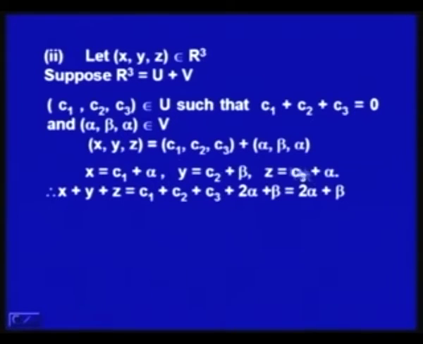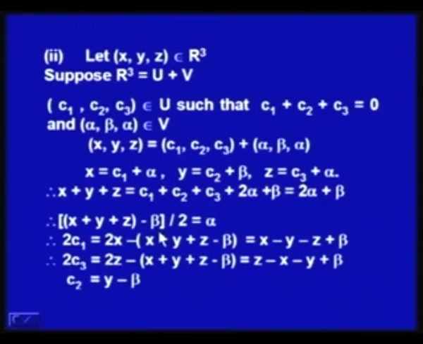And if we compare, then x is equal to C1 plus alpha, y is equal to C2 plus beta, z is equal to C3 plus alpha, and that means x plus y plus z is equal to C1 plus C2 plus C3 plus 2 alpha plus beta, and since C1 plus C2 plus C3 is equal to 0, that means x plus y plus z is equal to 2 alpha plus beta.